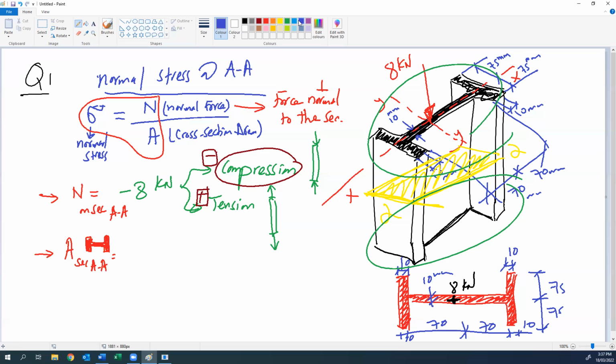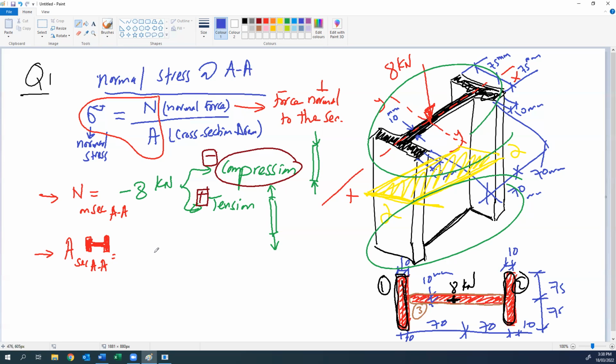If we divide it, we have three parts. The flange here and the flange here, so this is 1, 2, and we have the web, which is area 3. If we sum the areas of the three parts, we can get the cross section area. So we will do like that.